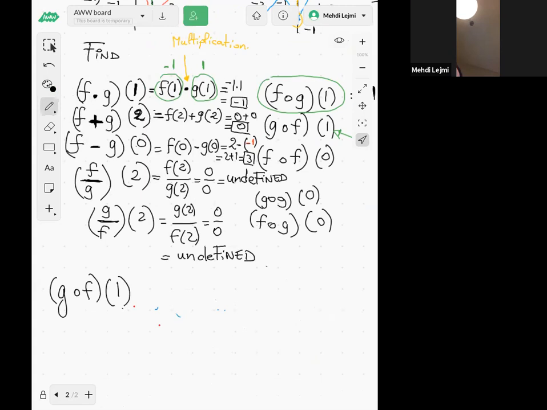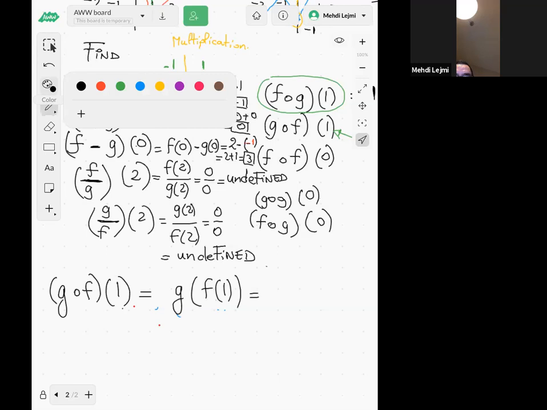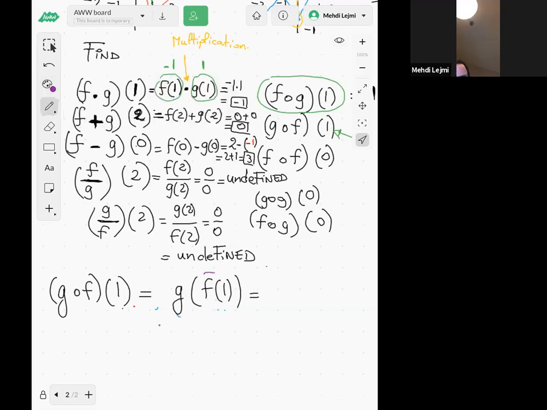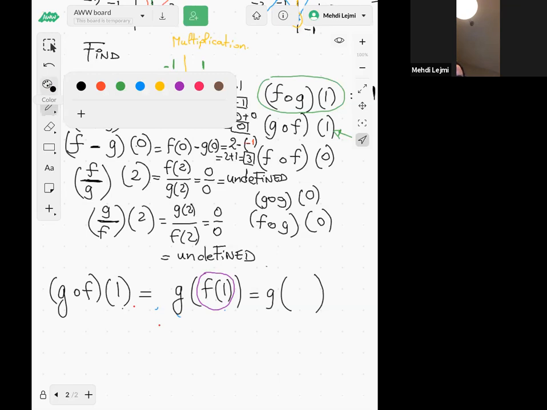So again, by definition, it's g of f of x, but x is 1, so it's g of f of 1. And then, as I said, it's like the PEMDAS rule. We need to do what's inside the parentheses, and inside the parentheses, I have f of 1. Okay, so that's g. And now, what's f of 1?